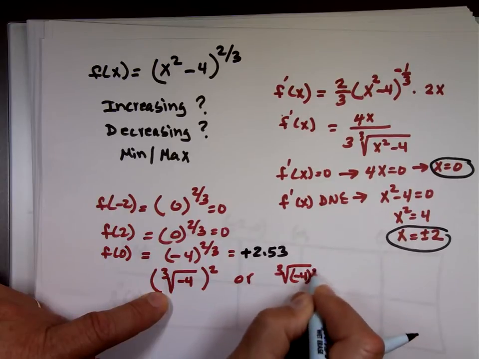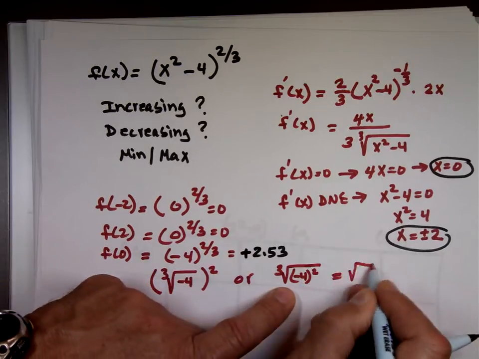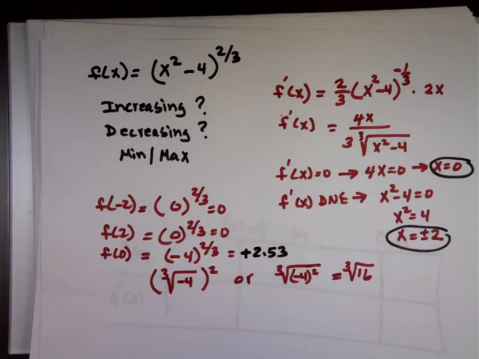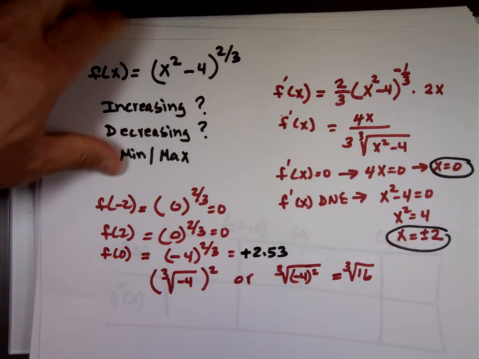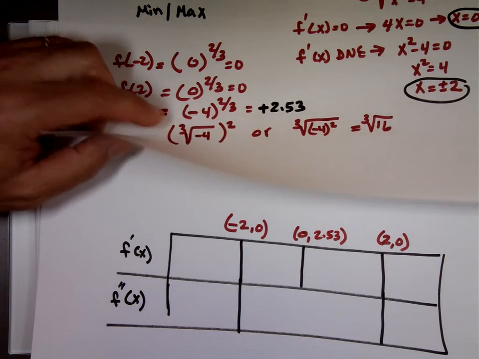Well, if you square it on the inside first, that's 16. That's the cube root of 16. And that's what I did on my cheap calculator. I said that's 16 to the power of 1/3, because this doesn't do that number. So now we get the answer 2.52. But that's the reason why.